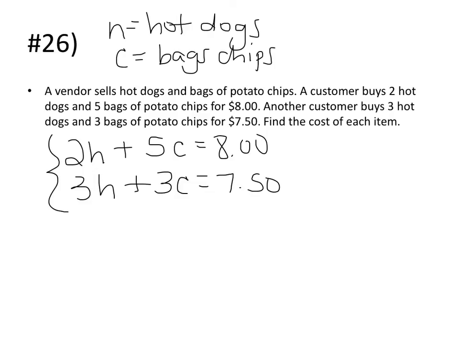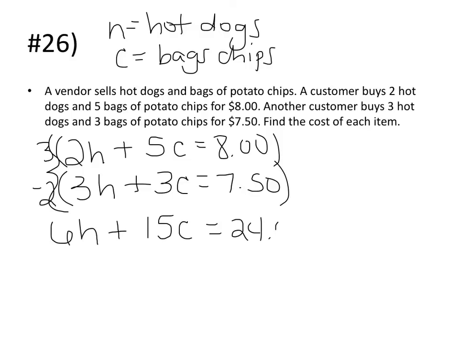Okay? So now solve the system. You're going to have to multiply both equations by something in order to be able to solve the system. So I'm going to multiply the top equation by 3 and the bottom equation by negative 2. That's going to give me 6H plus 15C is equal to 24.